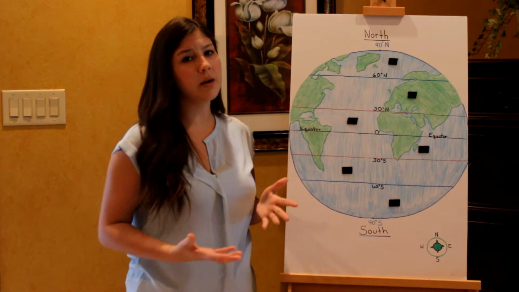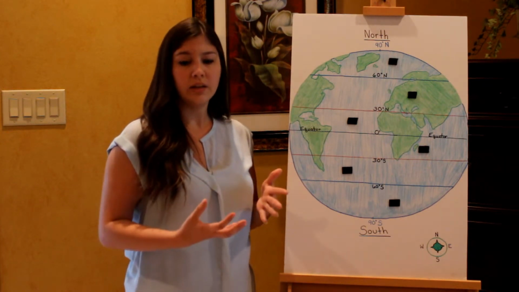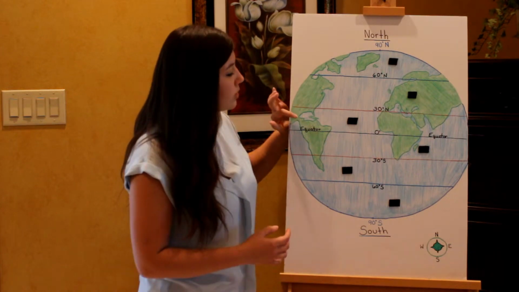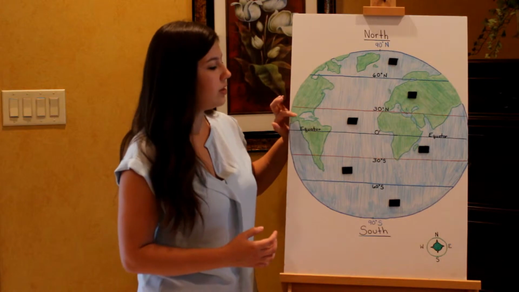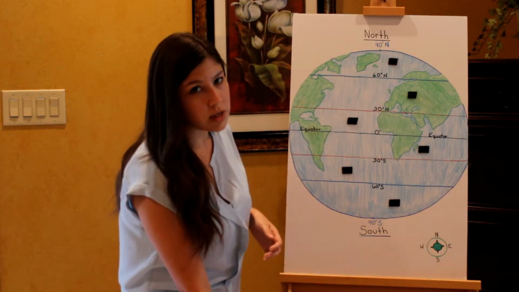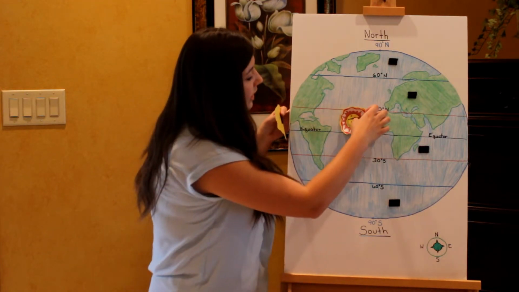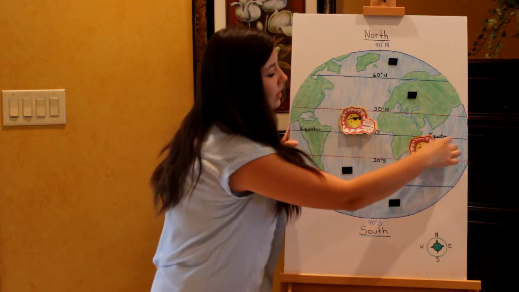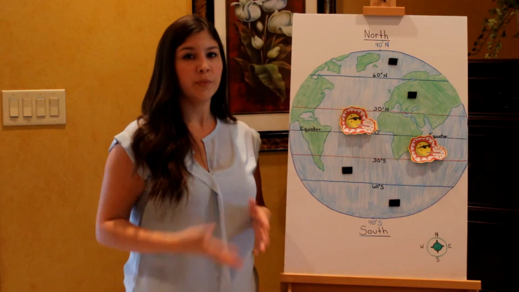Now remember what we said about the equator, how the sun hits the equator most directly. So in the areas closest to the equator, 0 degrees to 30 degrees north and 0 degrees to 30 degrees south, what do you think the climate is going to be like there? It's really hot and dry because it gets the majority of the sun for the most part of the year.